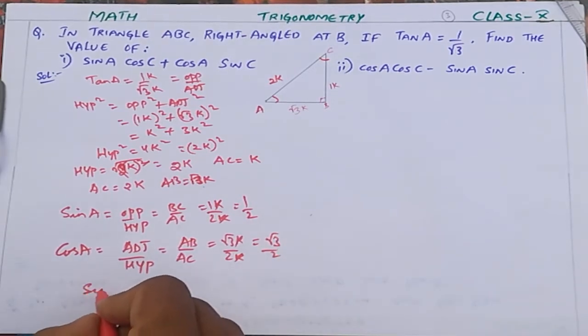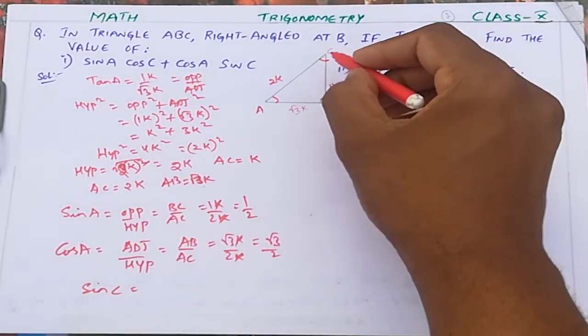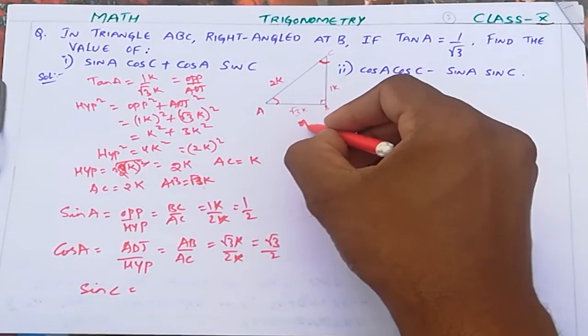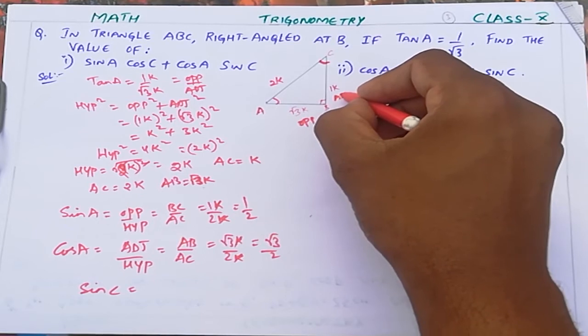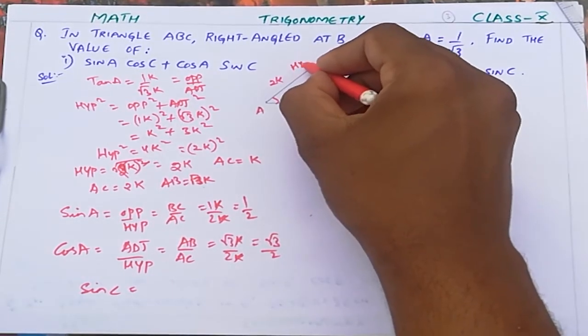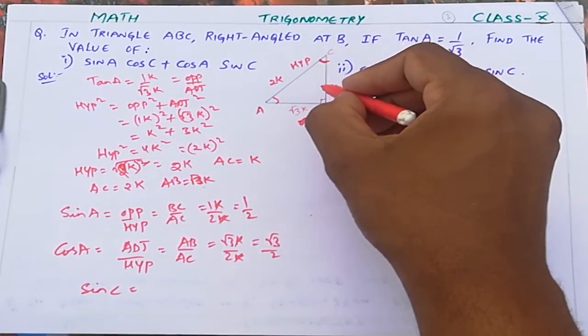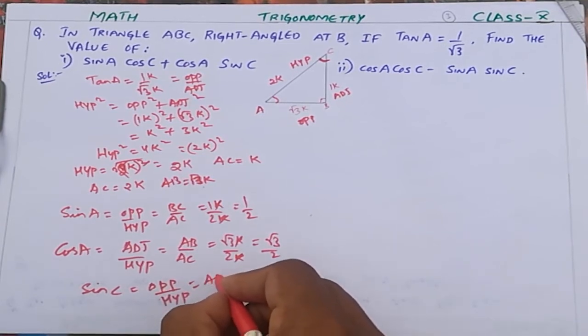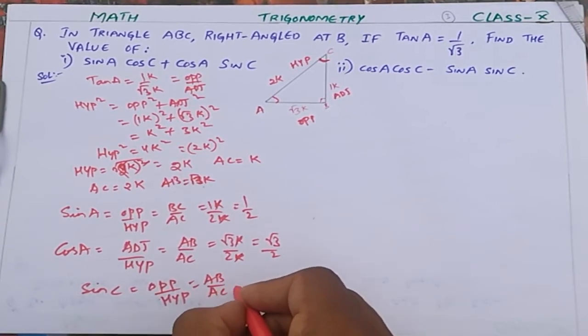Now we need to obtain in terms of C. Sin C equals, now according to this angle C, this will be the opposite, this will be the adjacent, and hypotenuse remains the same. So to this angle we will find opposite by hypotenuse. Sin C, opposite means AB, by hypotenuse AC.